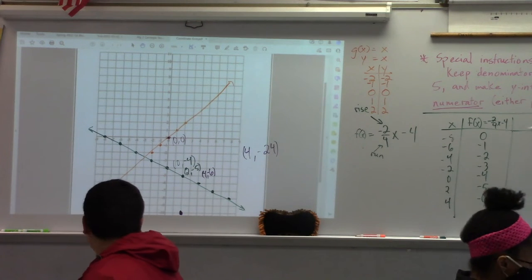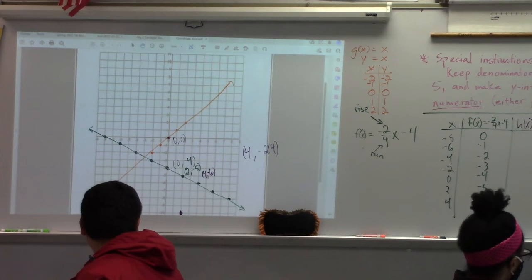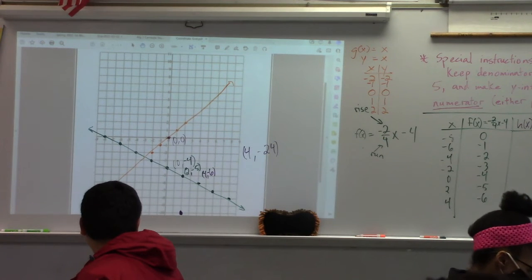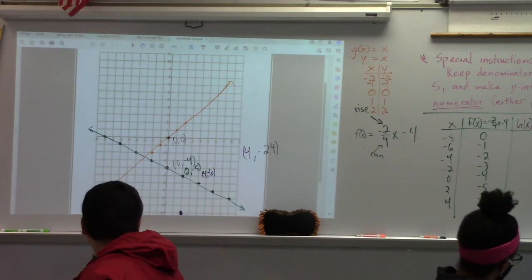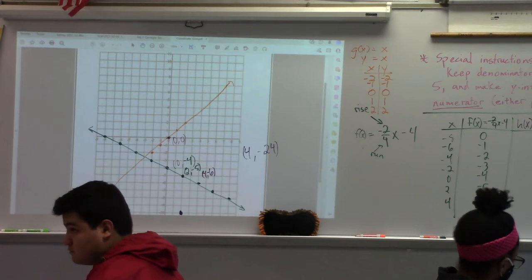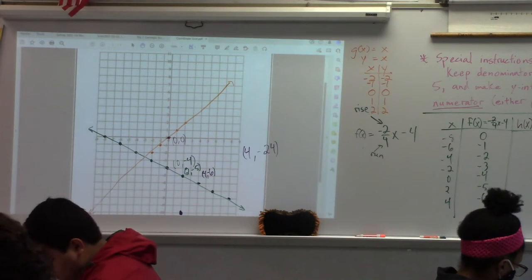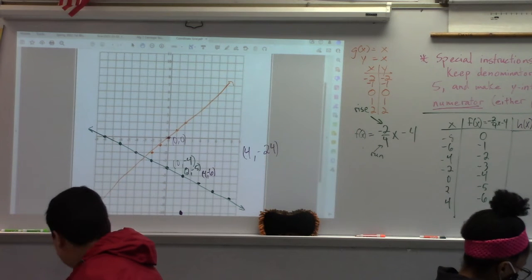But to get h of x, what am I going to do? Multiply what? F of x times x. So you can use that table to help you there. For those of us who are struggling with that number 3, does that help fix those issues?